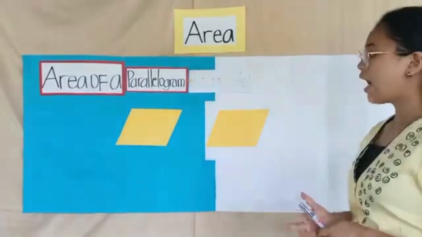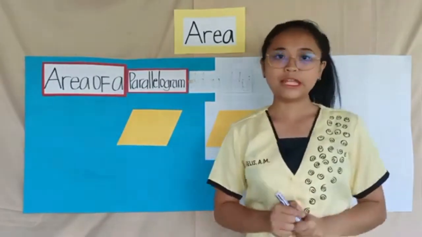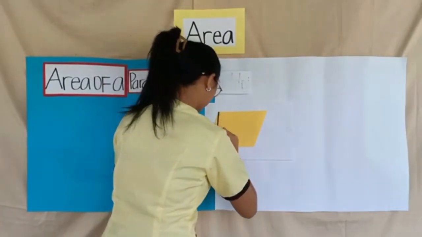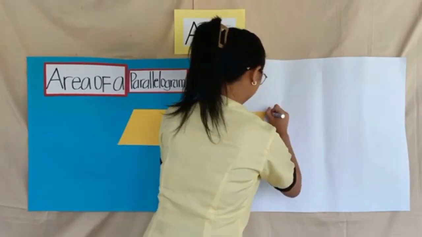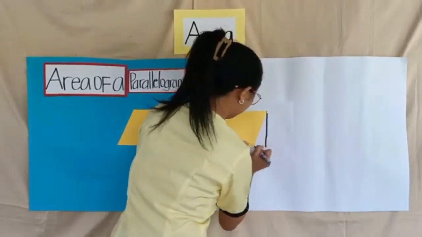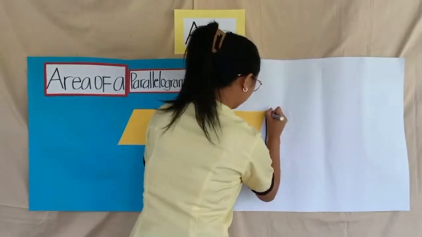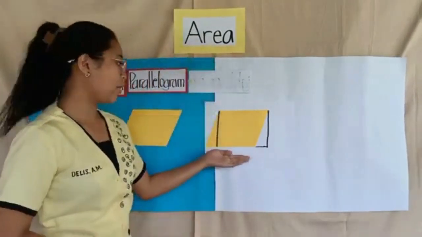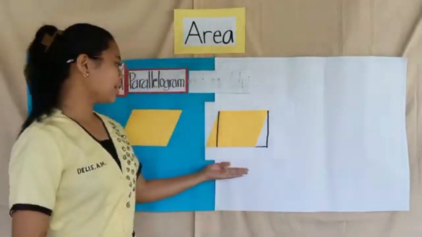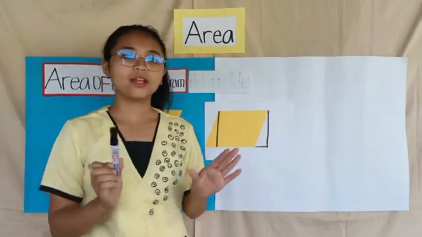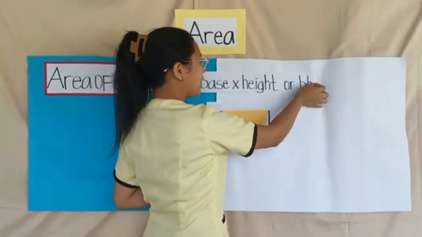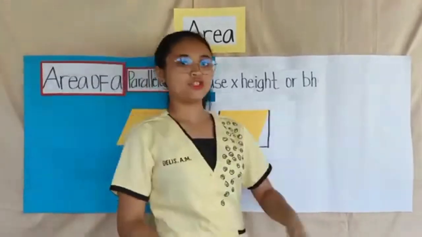So take a look at how a parallelogram can transform into a rectangle. Now, have you seen how it transforms just by looking at this figure? Very good. Therefore, the area of a parallelogram is base times height, or we can simply write it as BH.